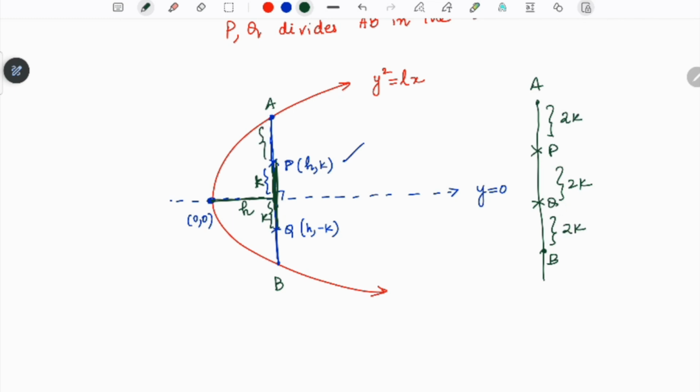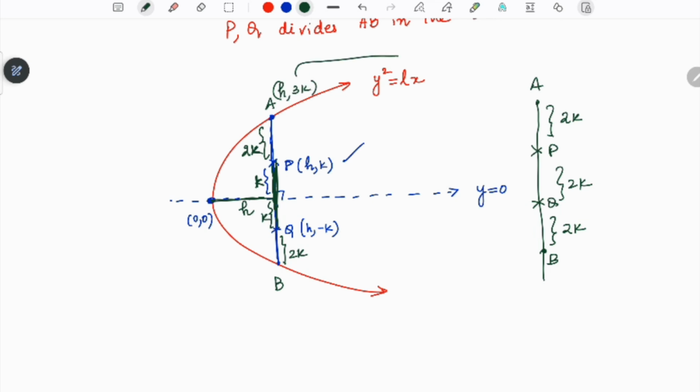That means what would be A coordinates now? H comma 3k.